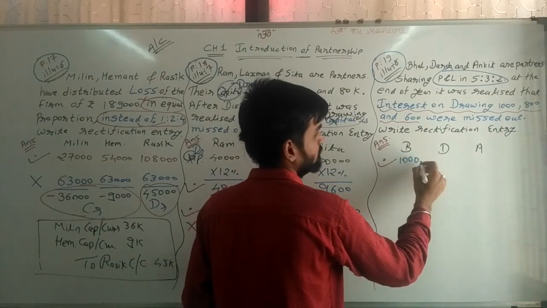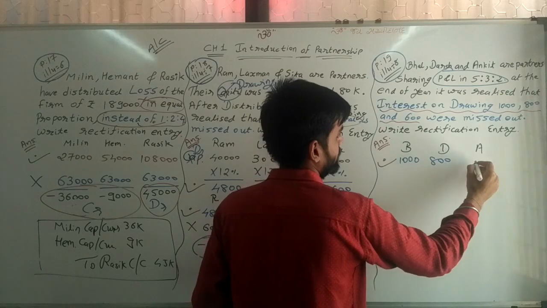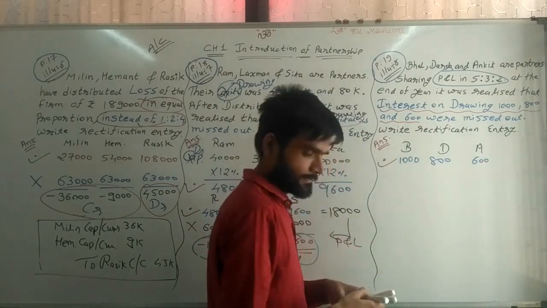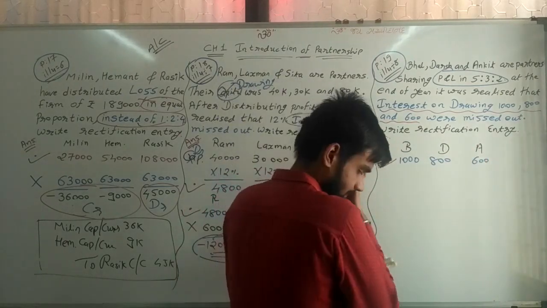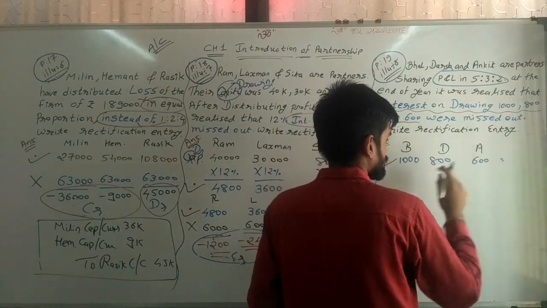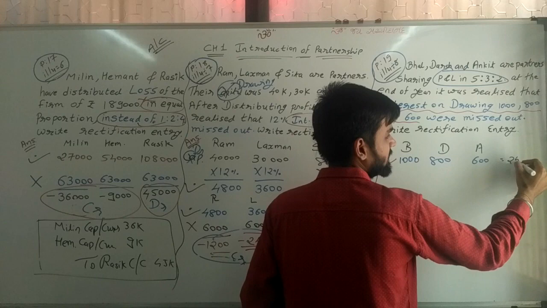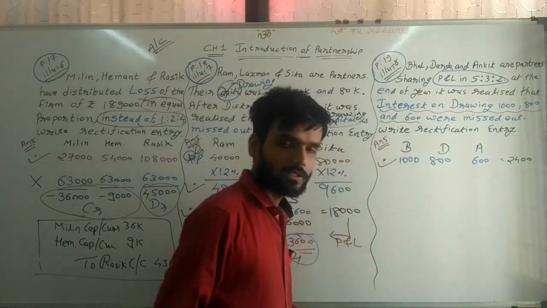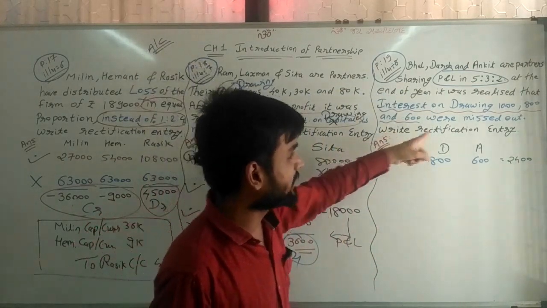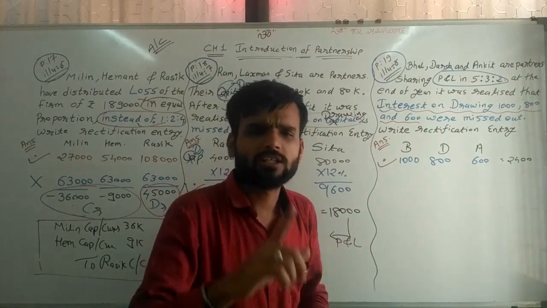1000, 800, 600. Make total of these three. So if you are making total, 2400 is the answer. This is the correct. Now write rectification entry. What is our rule?